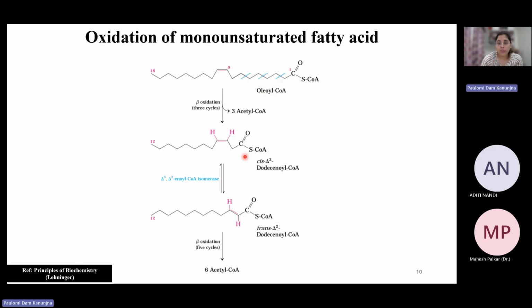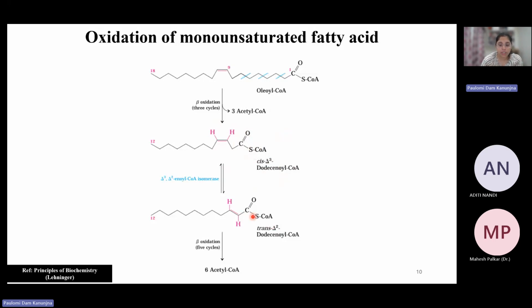Now, it has encountered this double bond. So the cis-delta 3 dodecenoyl coenzyme A, this is your structure, will be acted upon by delta 3, delta 2 enoyl coenzyme A isomerase. What it does, simply, is bring it from the cis configuration to the trans configuration.